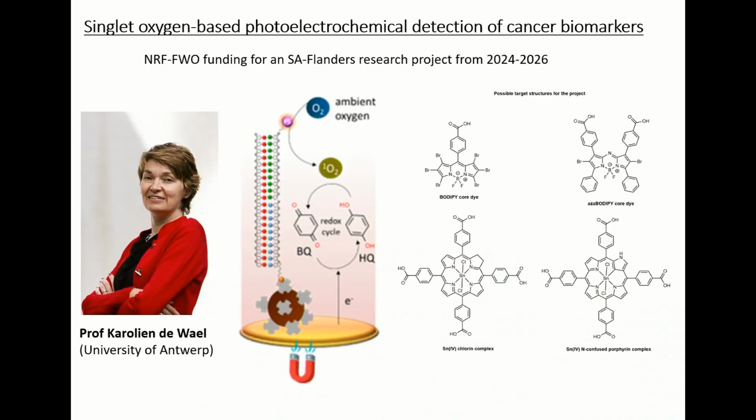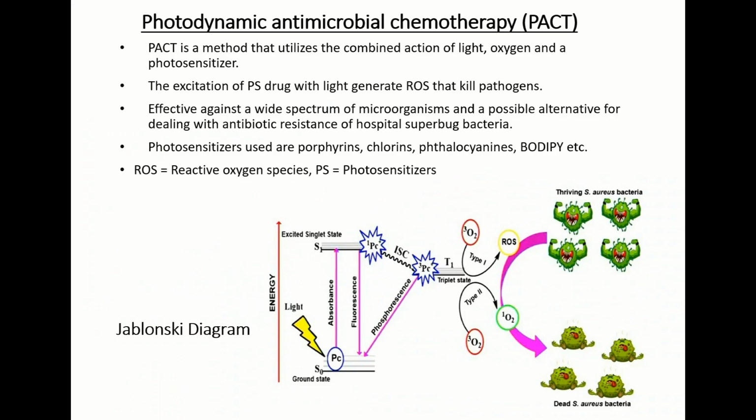And where things are headed, many of the photosensitive dyes that we've been using, we're also going to use them as part of a photoelectrochemical detection method for cancer biomarkers. And again, we'll think about using molecular modeling to determine what can give us the optimal outcome in that context.